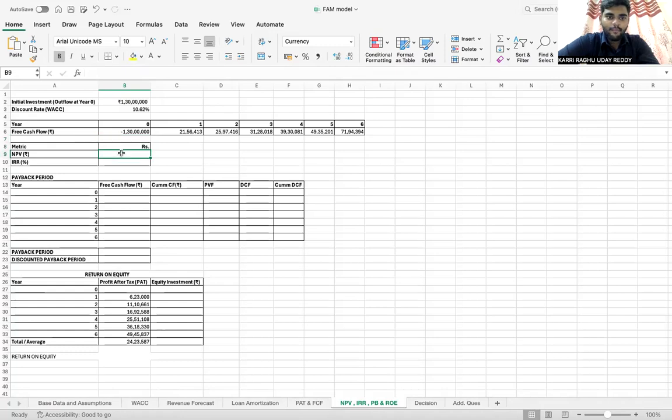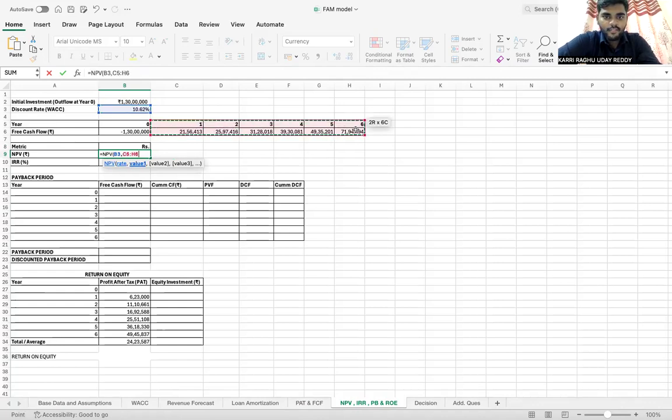Now we will calculate NPV. The formula is NPV, and we have to mention the rate, WACC rate 10.62%, and the values will be from first year to sixth year. We should not include the initial investment here, so closing it and adding the initial investment to this now.